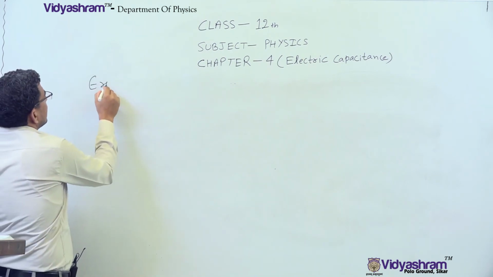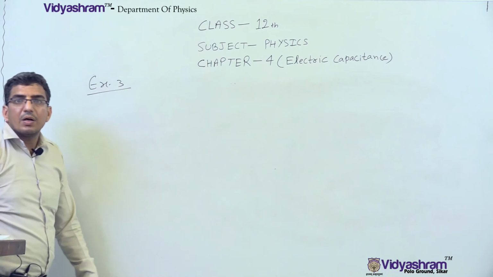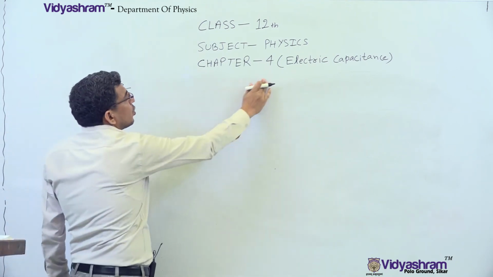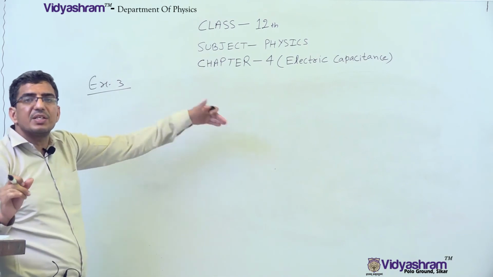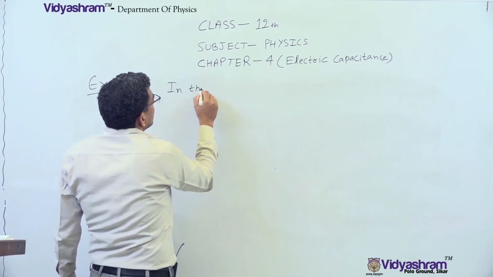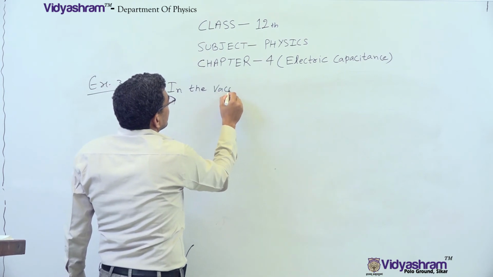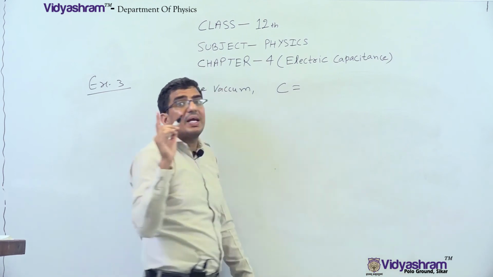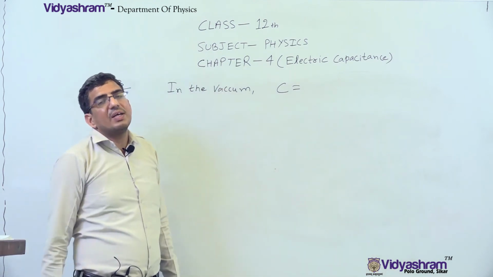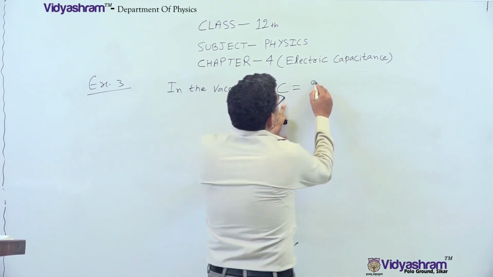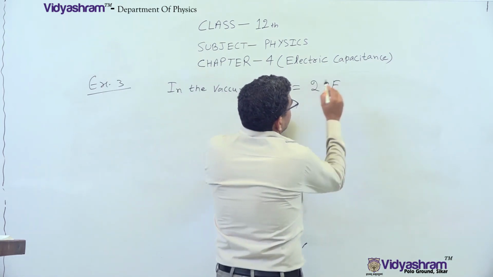Example 3. I will write this example in short. In the vacuum, the capacitance of a spherical conductor is 2 picofarad.